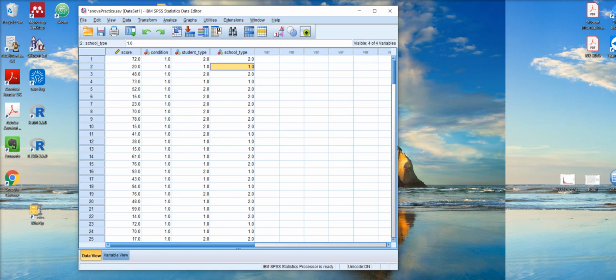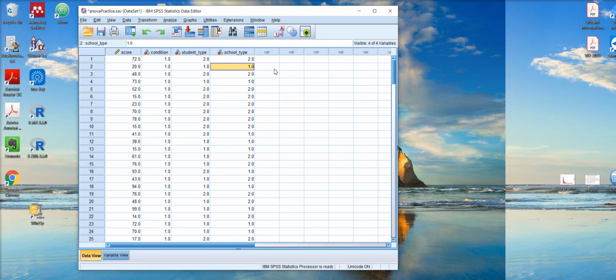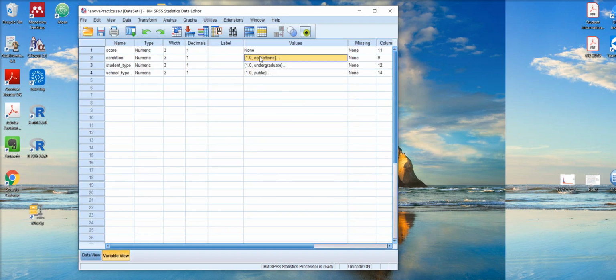So the first thing that you should start thinking about is how many factors you have in this ANOVA. This is the score, so this is going to be your DV, so you have 3 factors or 3 independent variables. Student type and school type have 2 levels, and condition has 3 levels.